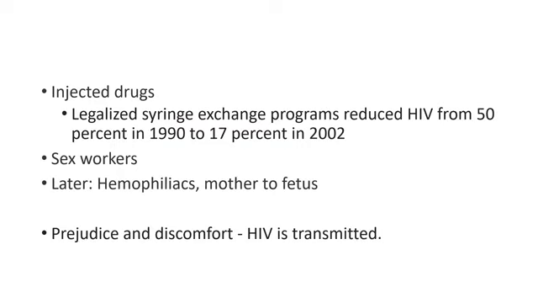Then also later on, it was found in sex workers and still in hemophiliacs. Hemophiliacs use a lot of blood products. They get blood transfusions, or more commonly, they get pooled blood that has certain factors in it that they need. They'll get small portions of blood from, say, 50 people, and it becomes more common that you would get HIV the more people or blood components that you are exposed to.